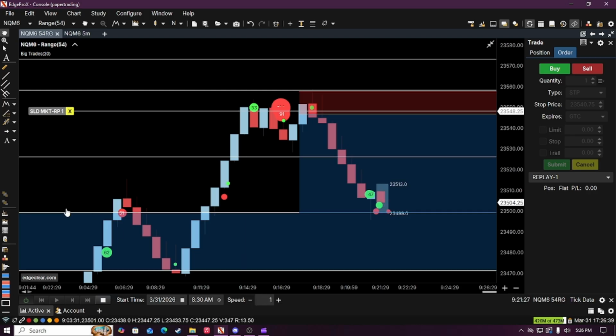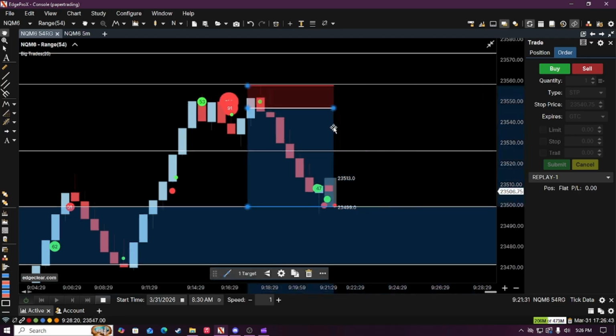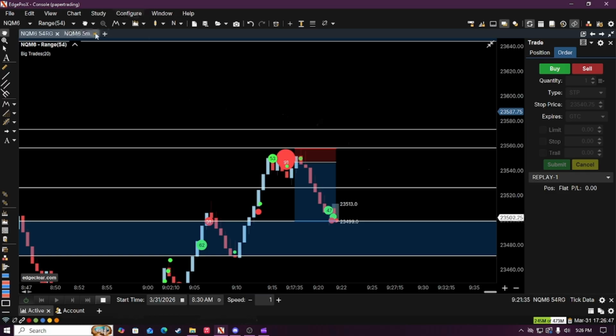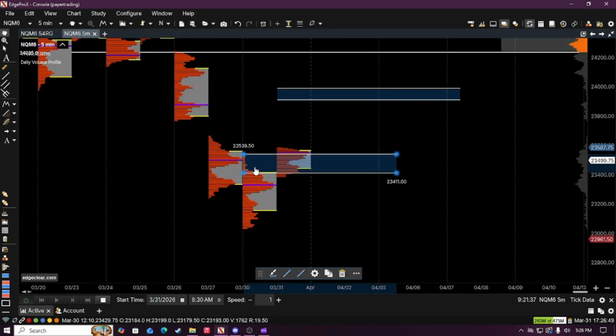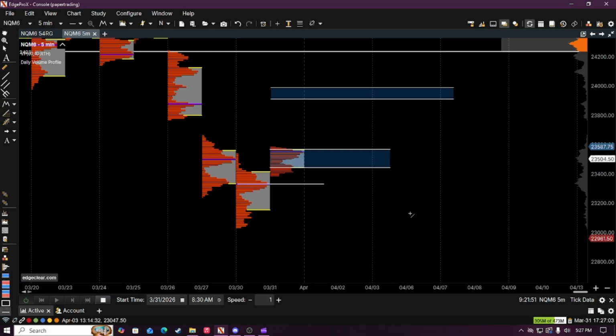Also, I was looking at this, let me shrink this. I was planning for buys because if we look at the bias here, the bias is kind of bullish, right? The cash session, this and this, were already opened with higher point of controls, as you can see in the RTH trade chart.